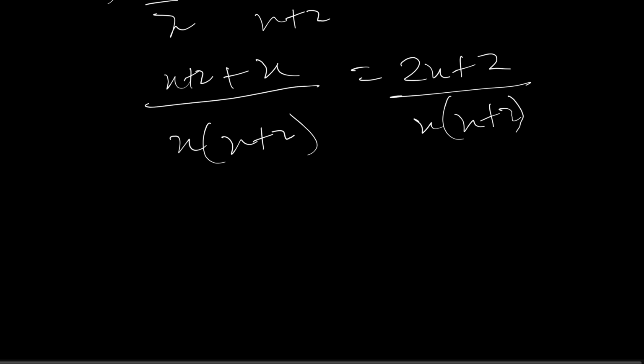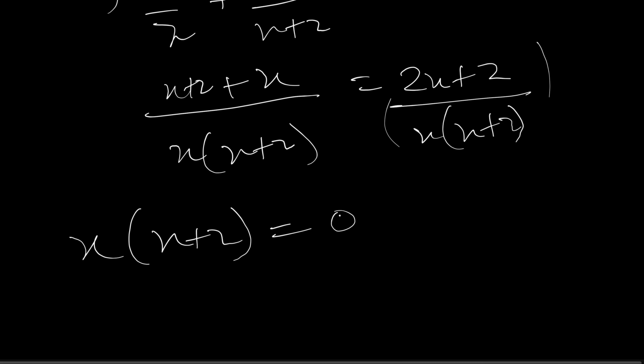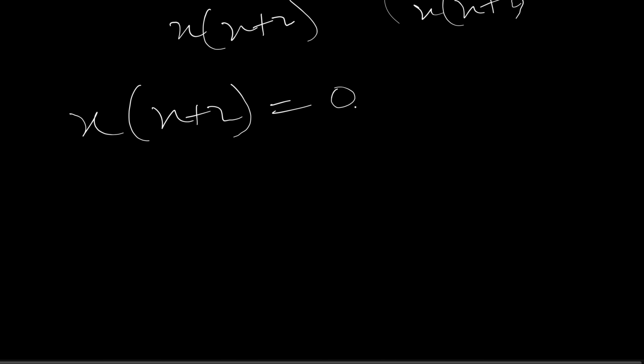So like I mentioned earlier, a number is undefined if it's divided by 0. So we are saying that for this fraction to be undefined, x multiplying x plus 2 should be equal to 0. Now this is the same as x is equal to 0 and x plus 2 is equal to 0.